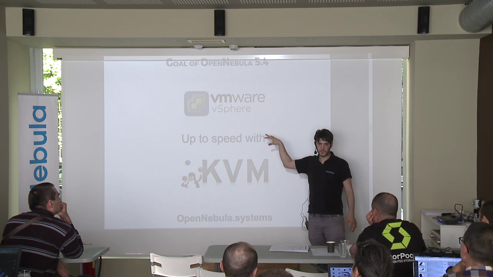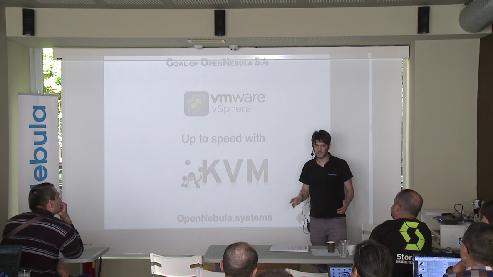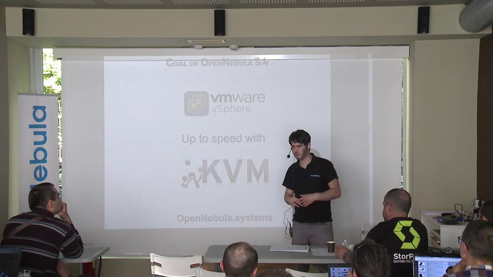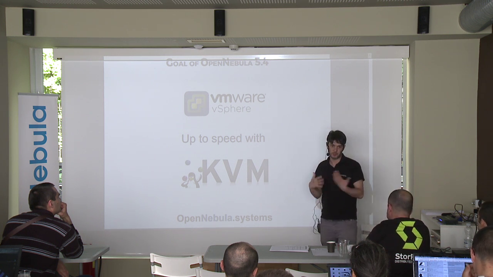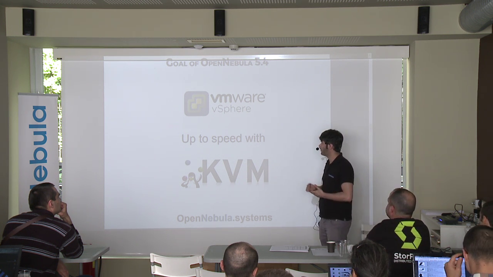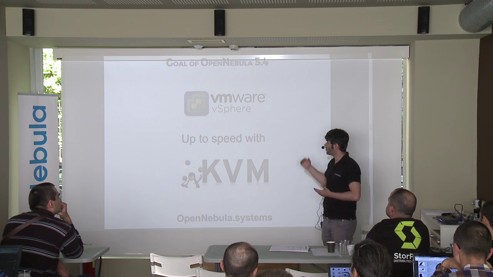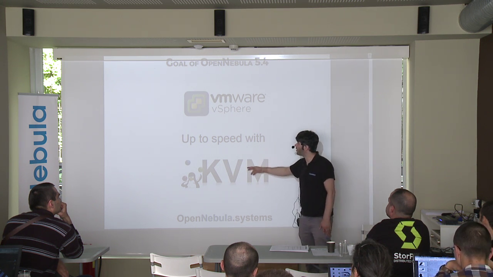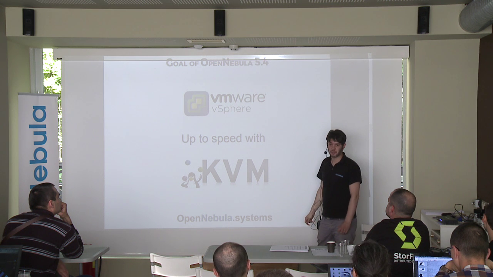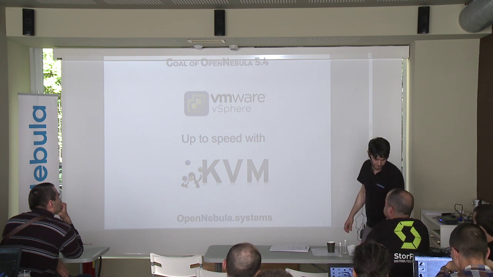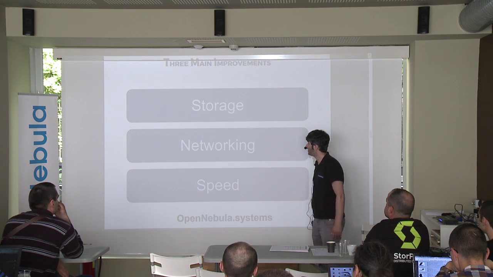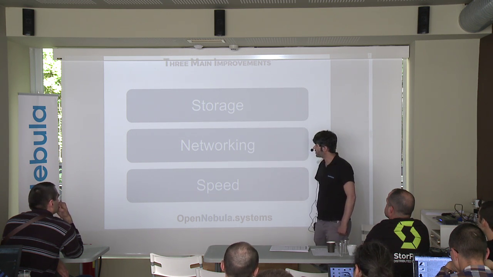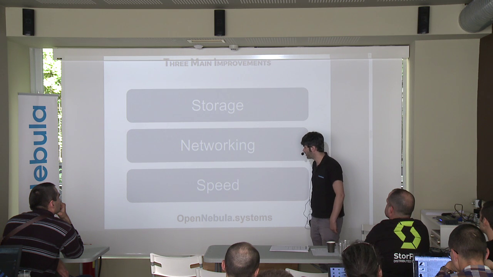But if you use VMware, there are things that you cannot do. We didn't have them implemented, or the way that we had implemented them was not the best one. So for this release, we want to have all the actions that you can do with KVM at the same level in VMware. The parts that we've been working on are storage, networking, and speed.